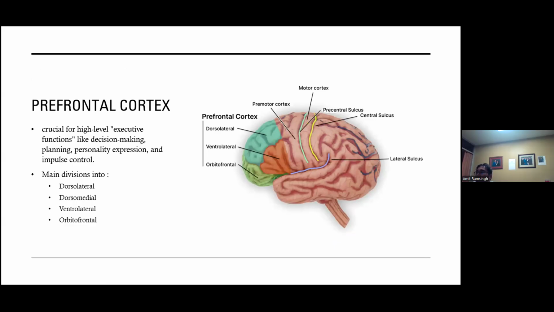And it's one of the important areas that we see in traumatic brain injury, when we have a patient that may have extensive bleeds or traumatic contusions, and hence we refer to it as a frontal lobe type syndrome. It's because this area of the brain is involved in a lot of the personality and planning and disinhibition of various behaviors. It is divided into dorsolateral, dorsomedial, ventrolateral, and orbitofrontal areas.